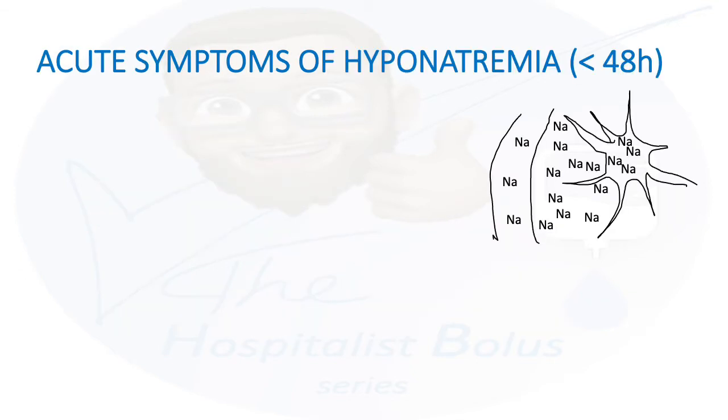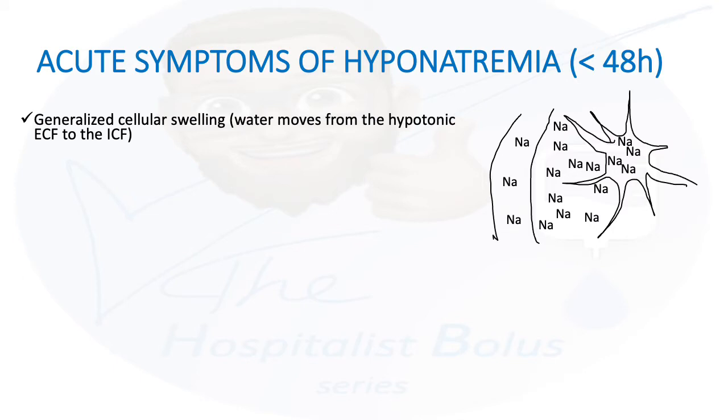Okay, so for acute hyponatremia, which by definition happens within 48 hours, the main pathological problem is generalized cellular swelling, meaning water will move from the hypotonic extracellular fluid to the intracellular fluid because of the hypotonicity in the extracellular fluid, and that will lead to cellular edema.